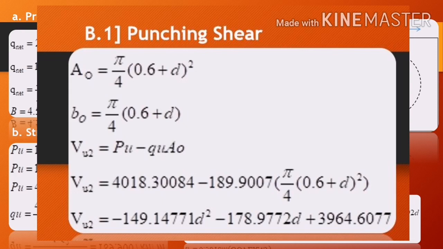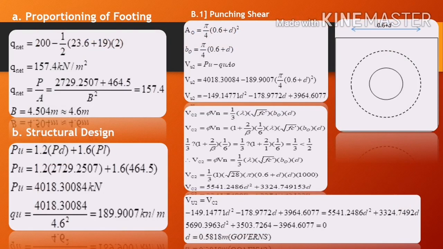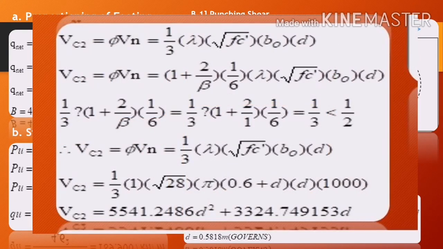So, it is equal to negative 149.14771 D squared minus 178.9772 D plus 3964.6077. So now, VC2 is equal to phi Vn, which gives us this equation.